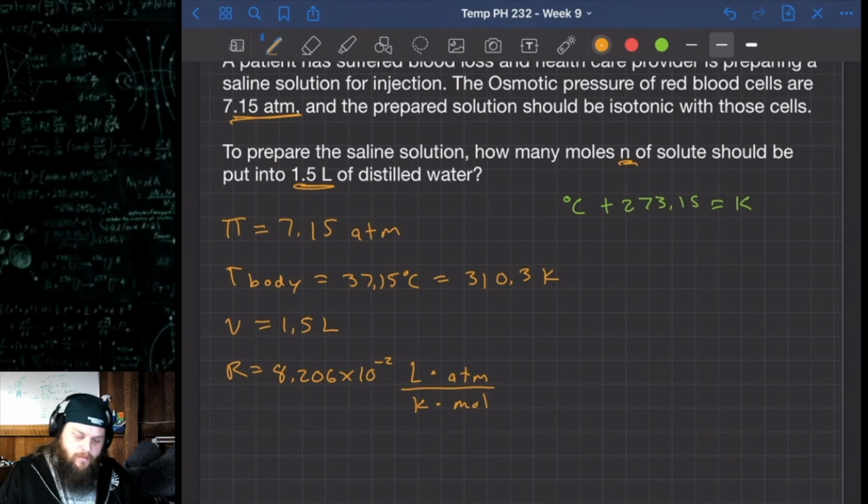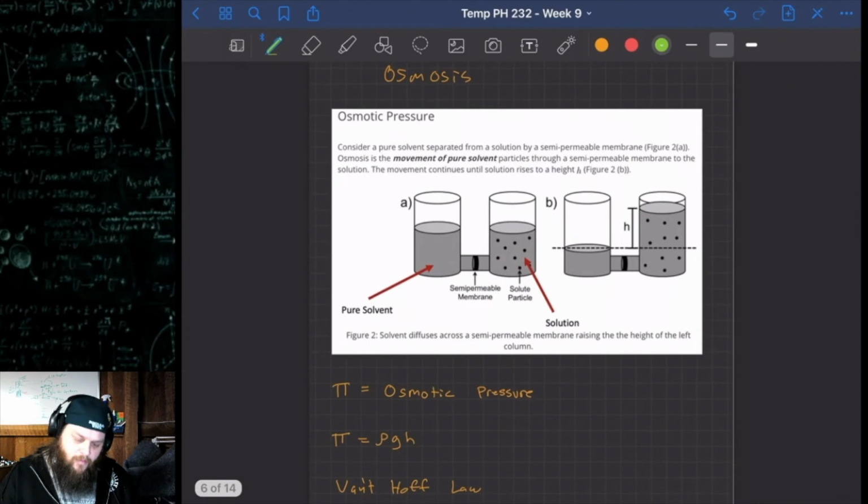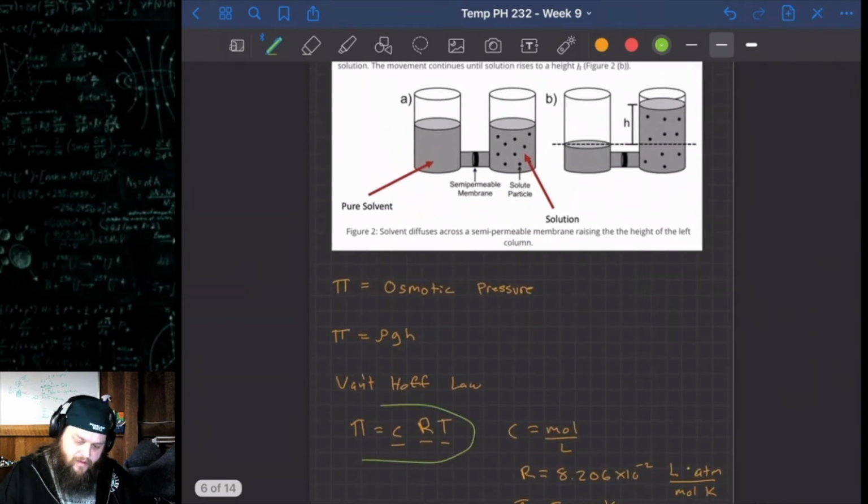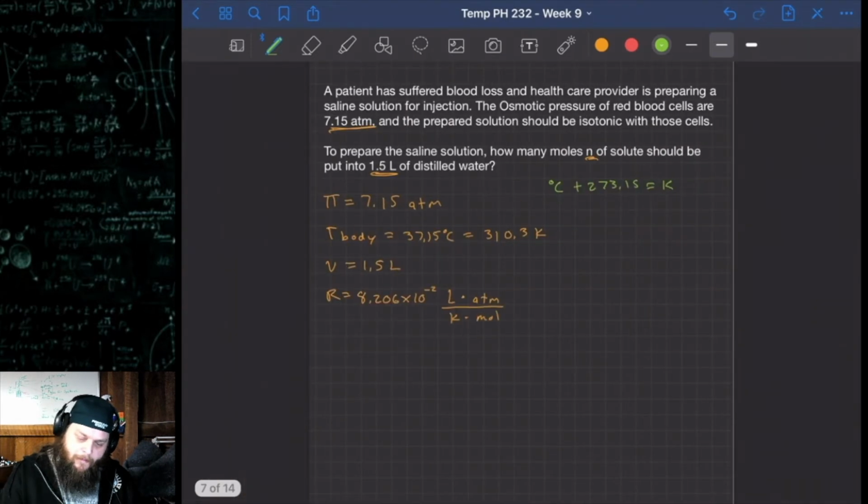So using Van der Waals, or we can go back and use kind of this idea here. Well, that's pi, or yeah, the osmotic pressure is equal to the concentration times R times T. And remember, the concentration is really the number of moles per volume times RT.